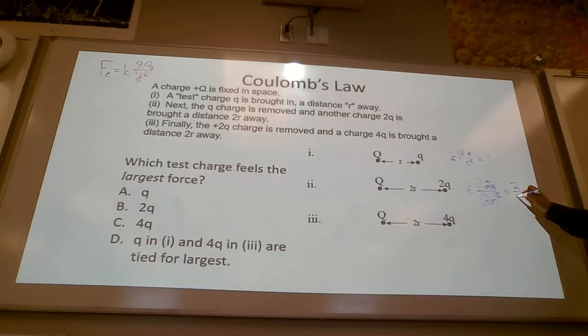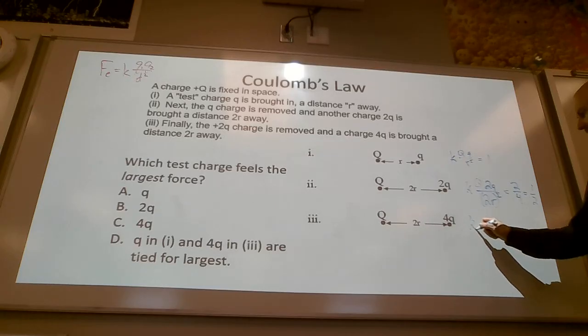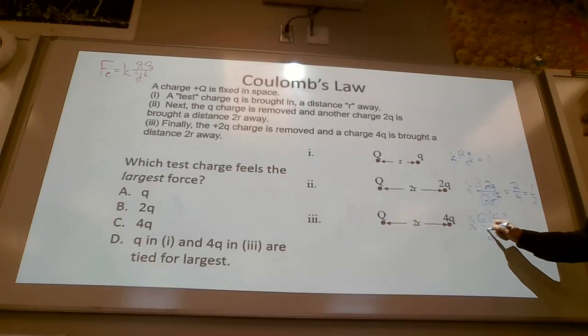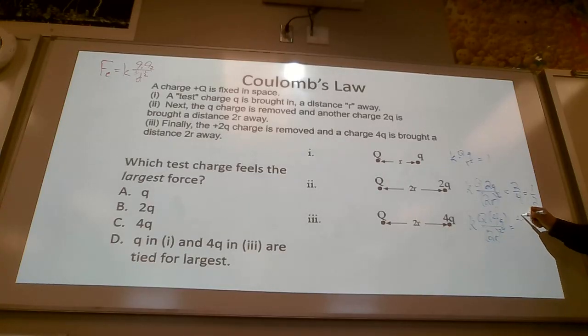That becomes 2 over 4, so a 1/2 coefficient. Okay. Here we have K, Q, 4Q over 2R squared. You get 4 on top, 4 on bottom, 1. Dangerous dinosaurs. Good with that? Okay.